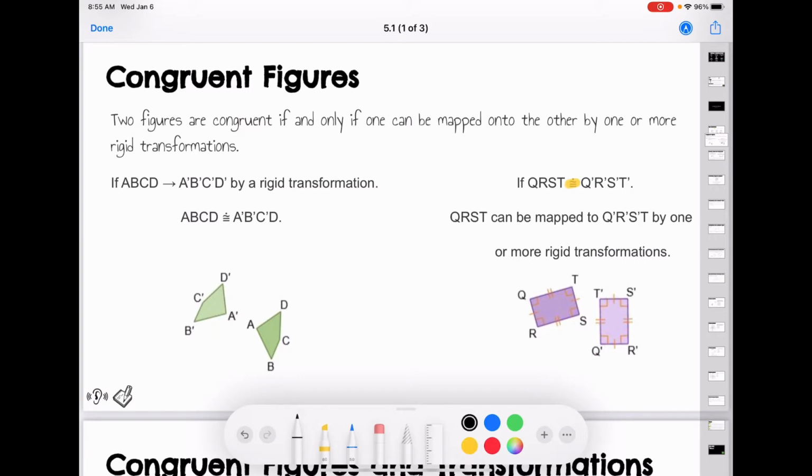This can also be written like this. That tells us that QRST is mapped to Q prime, R prime, S prime, and T prime, and this is done by one or more rigid transformations. And again, we know that rigid transformations always preserve the angle measure and lengths. Let's move on.